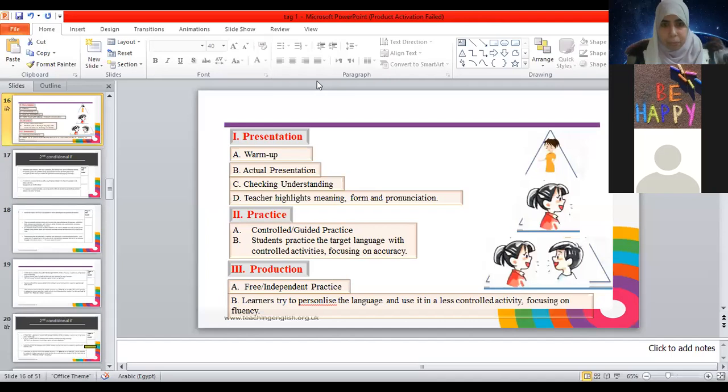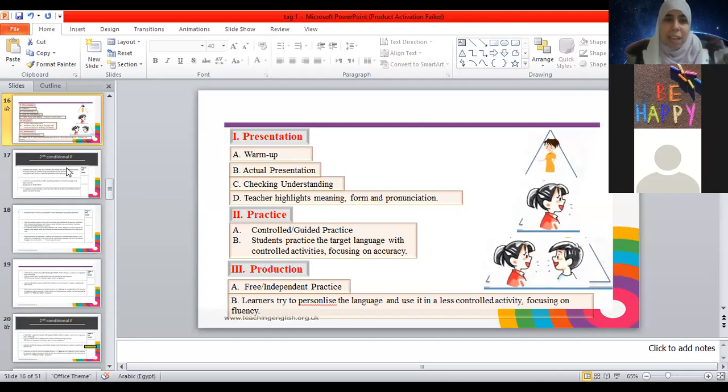So here we will have an example of the PPP model, three stages: presentation, production, and practice. You will read the stages and tell me what the stage is.